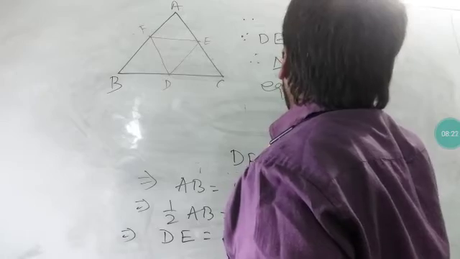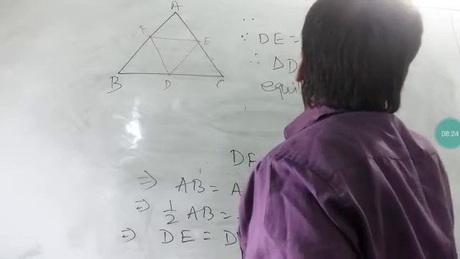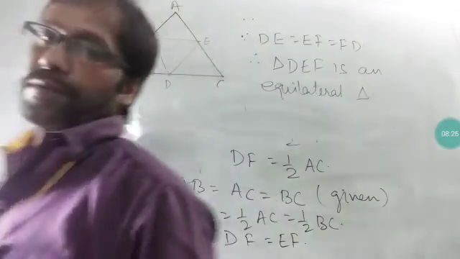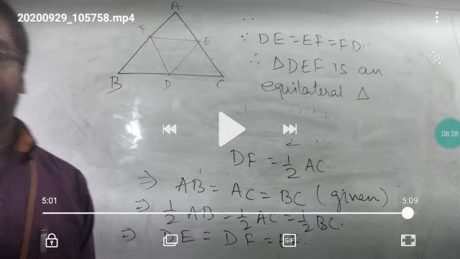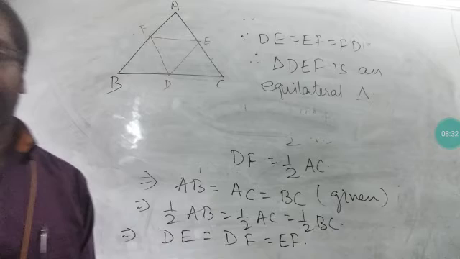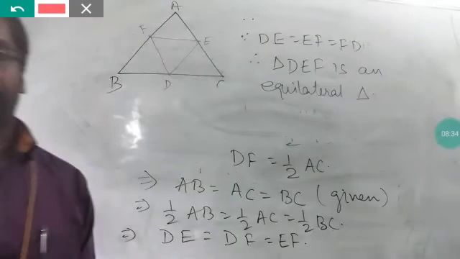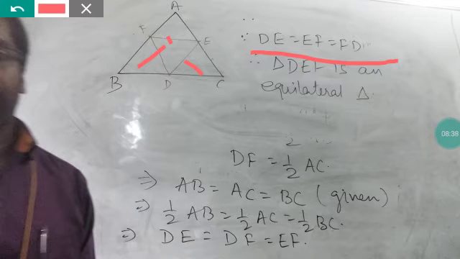That means the shape is an equilateral triangle. Why? Because these three sides are equal, and by using the midpoint theorem we have proved this. So we can say that DEF is also an equilateral triangle.